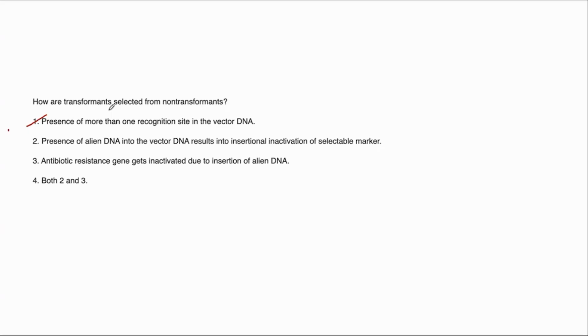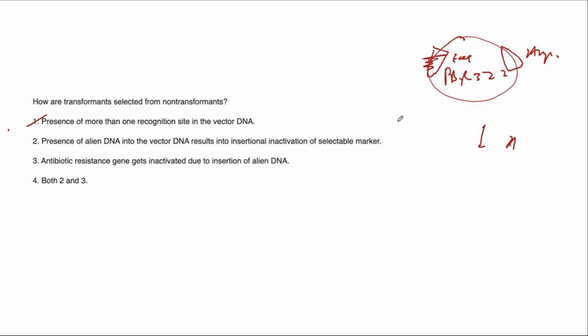Right. Now they're asking how transformants are selected from the non-transformants. So I hope you remember where we used the vector pBR322, where we had the tetracycline gene and the ampicillin gene. First, it's a transformation. We selected after putting it onto a tetracycline and ampicillin plate and we got colonies.